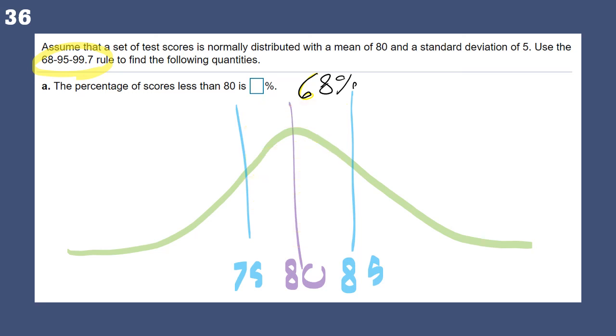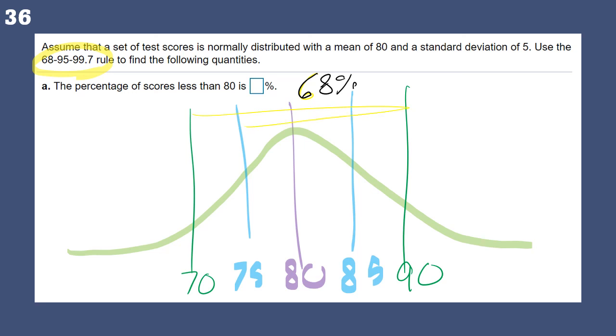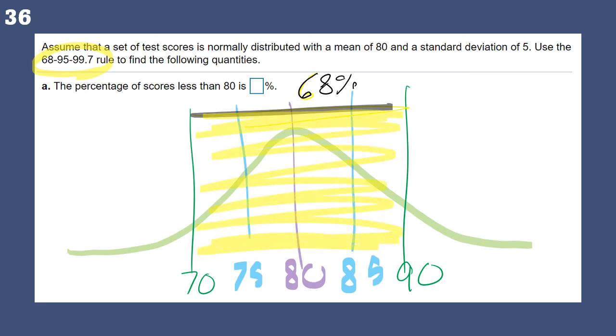Now, if I were to go a little bit further, instead of going plus 5, minus 5, what if I were to go another 5? And I were to go all the way to 90 and all the way to 70. So how much is between 90 and 70?